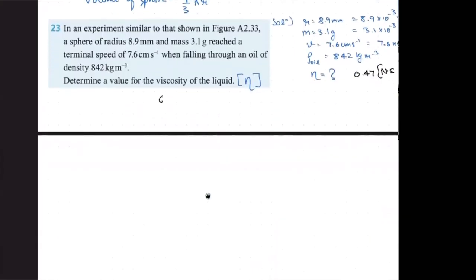Okay. 6 pi eta r is 8.9 times 10 raised to the power minus 3, times v is 7.6 times 10 raised to the power minus 2, plus rho L, 842, times V, which is 4 by 3 pi r cubed, r is 8.9 times 10 raised to the power minus 3, cubed, times g, which is 9.8.